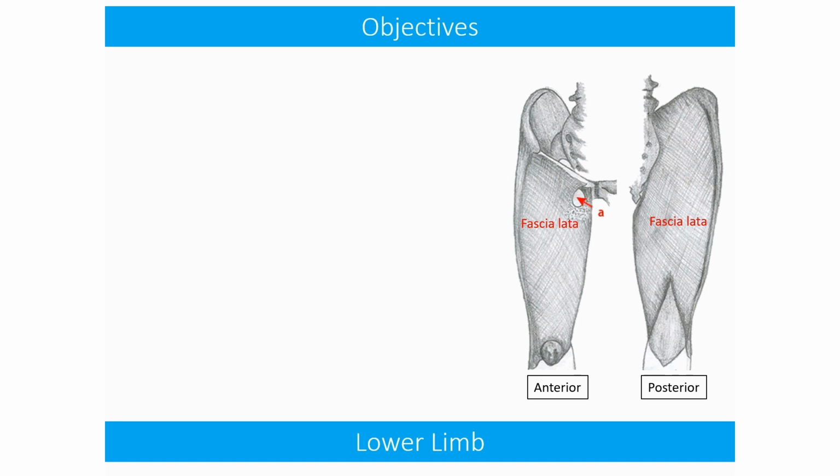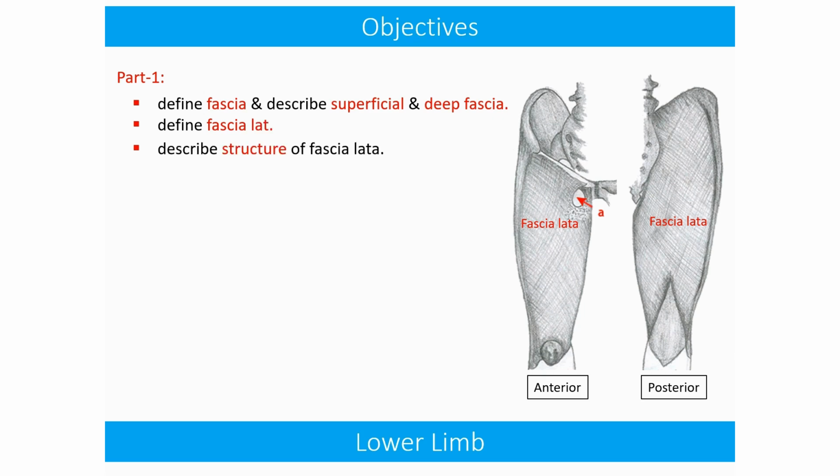The topic under discussion today is fascia lata, which has been divided into two parts. At the end of part 1, the participant should be able to define fascia and describe superficial and deep fascia, define fascia lata, describe the structure of fascia lata, and describe the attachment and extent of fascia lata.